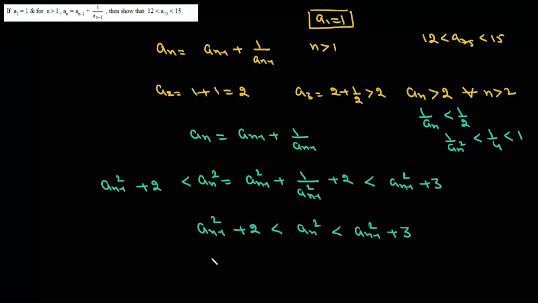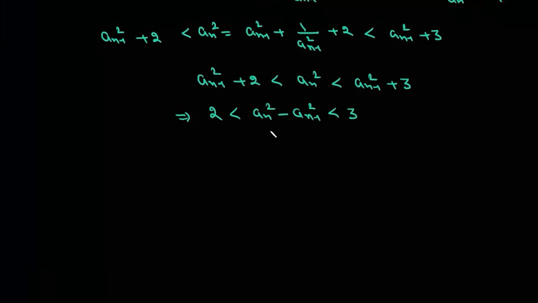Now we can also write this as 2 is less than an square minus an minus 1 square, and will be less than 3. So we have this relationship that the difference of squares of any two successive terms of the sequence will lie between 2 and 3.